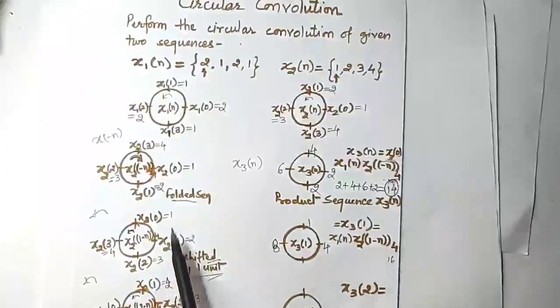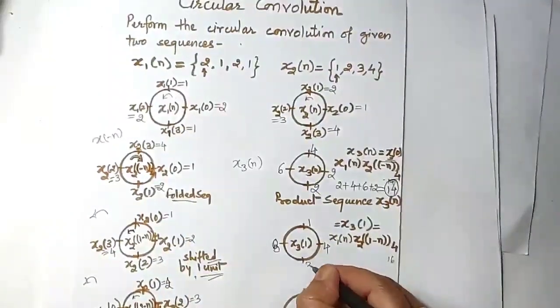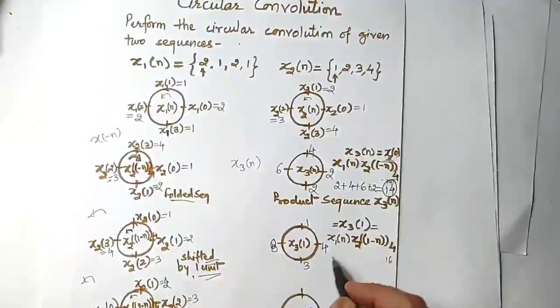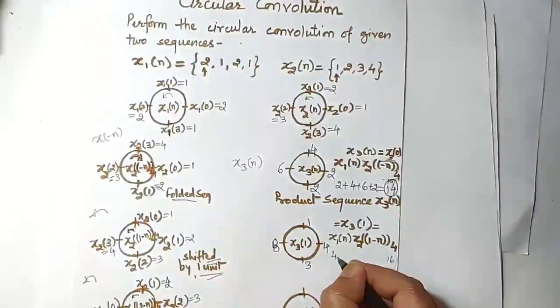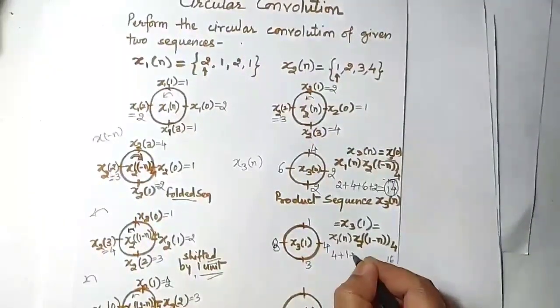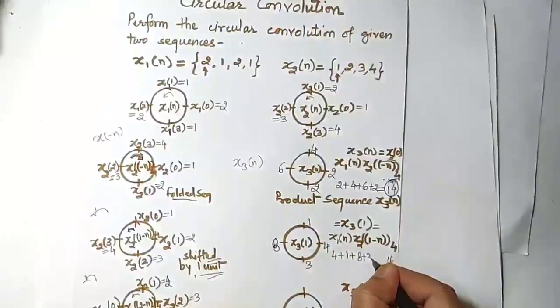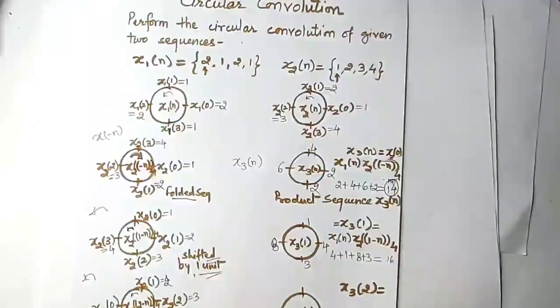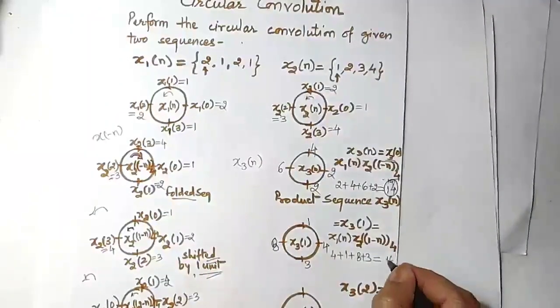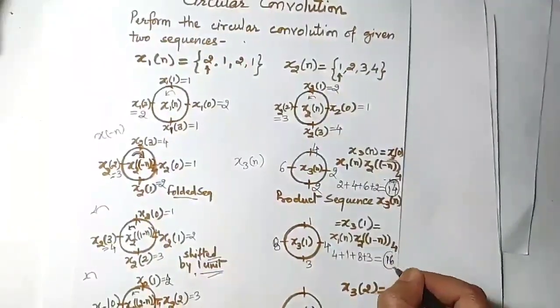Then 3 into 1, so it is 3. Now the fourth step is the sum of all the product samples. So that is 4 plus 1 plus 8 plus 3, which is equal to 16. So this is the answer.